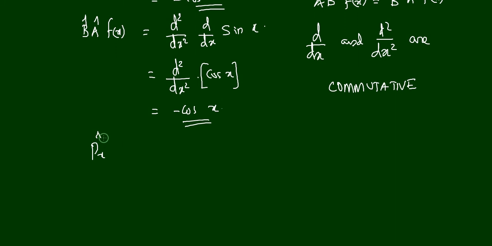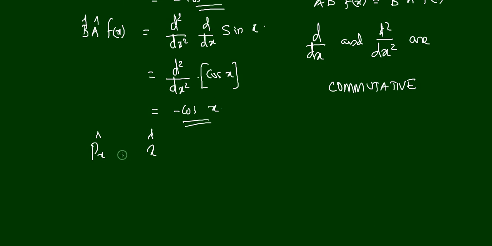And corresponding to position, there is an operator. Let us write it as x cap. If two operators commute with each other, the physical quantities corresponding to those operators can be precisely and simultaneously measured.